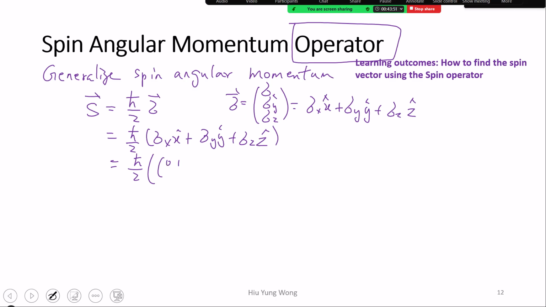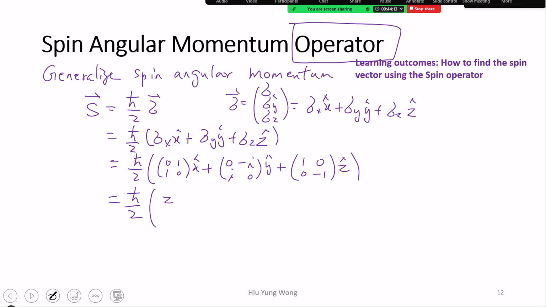This is [0, 1; 1, 0] x-hat, [0, -i; i, 0] y-hat, and then [1, 0; 0, -1] z-hat. And if you add them together, you just match the elements. So this is equal to [z-hat, x-hat minus i y-hat; x-hat plus i y-hat, negative z-hat].